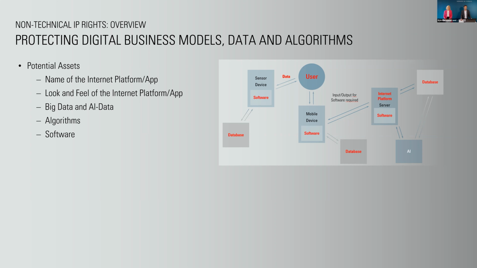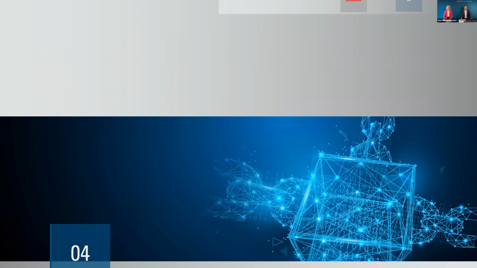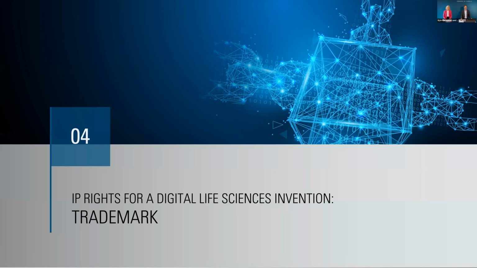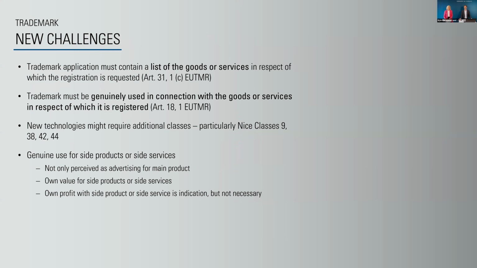For the first aspect, the name, we have the trademark, and there are certain challenges from digital products which you have to consider. You have main products and main classes for which you are protecting your trademarks, maybe class 5 for pharmaceuticals or class 30 for foods.